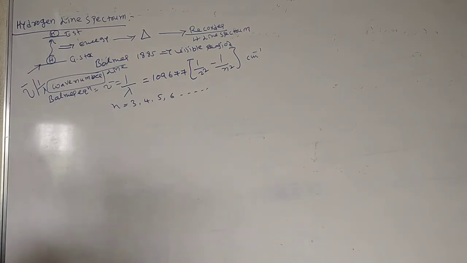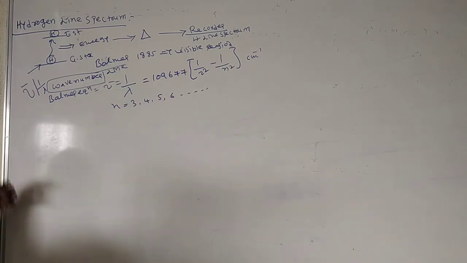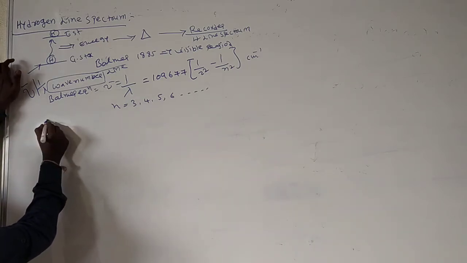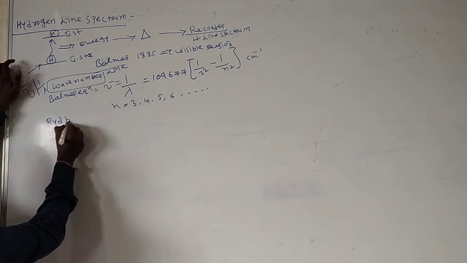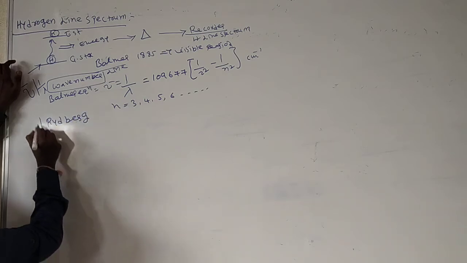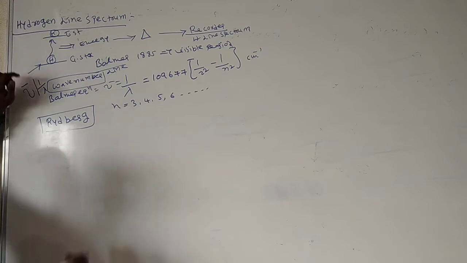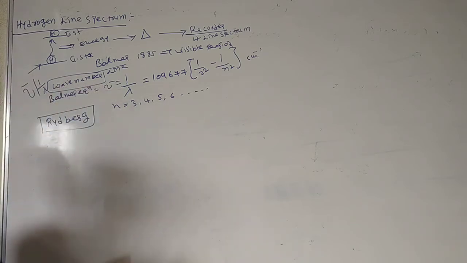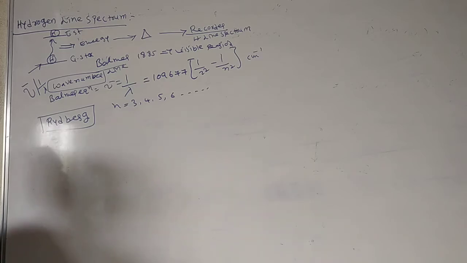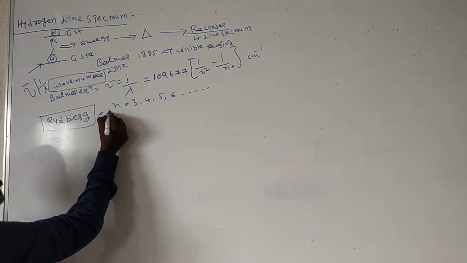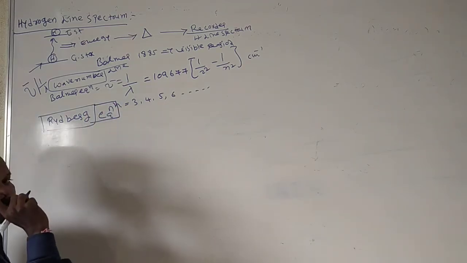After many years, Rydberg generalized the Balmer equation and proposed one equation for the hydrogen line spectrum. That equation is called the Rydberg equation.